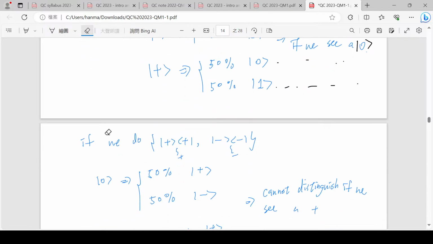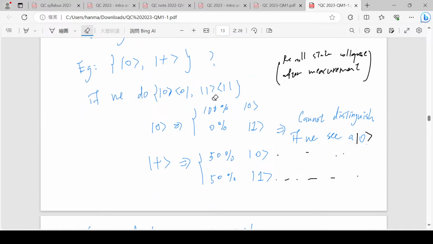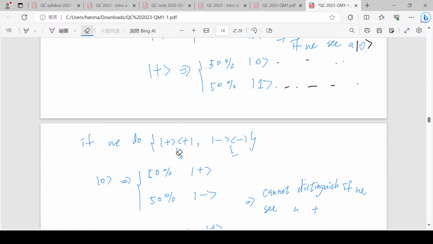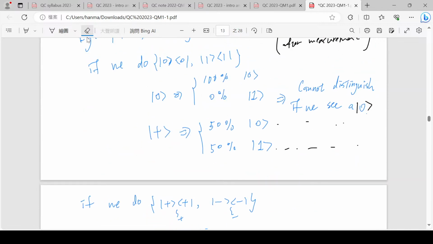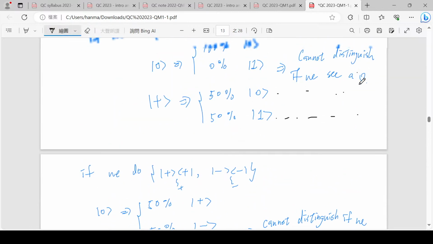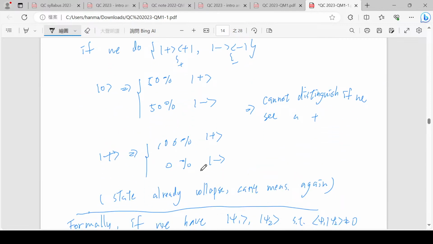But you can say that this just happens when you do the computational basis measurement, and what if you do another basis, maybe that's better. If you do the plus minus basis, then a similar thing happens. If you do the plus measurement, I guess this is the measurement outcome, so I should say outcome 0. So if you do the plus minus basis, then now the 0 state will give you 50%, 50% on plus minus, and the plus state will give you 100%, 0%.